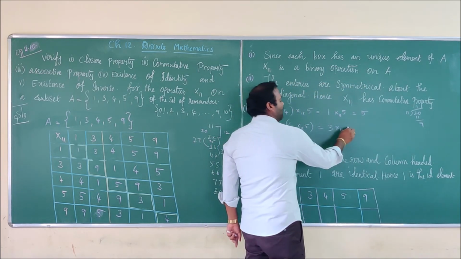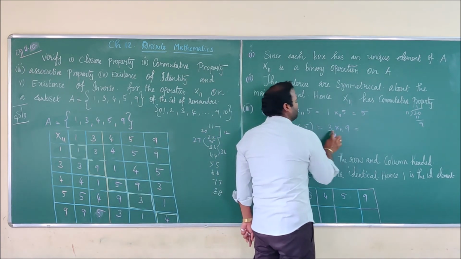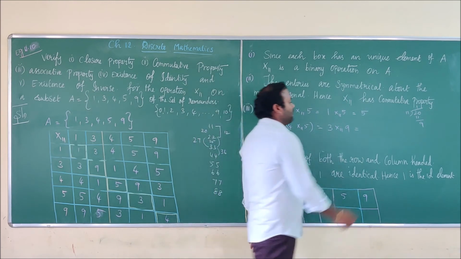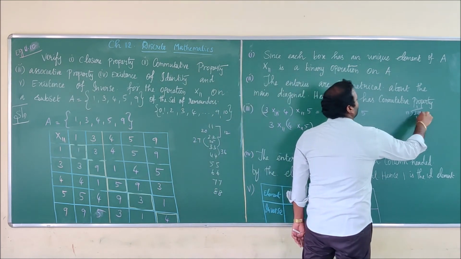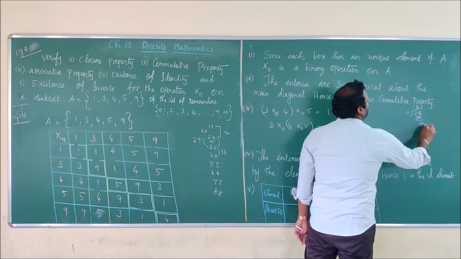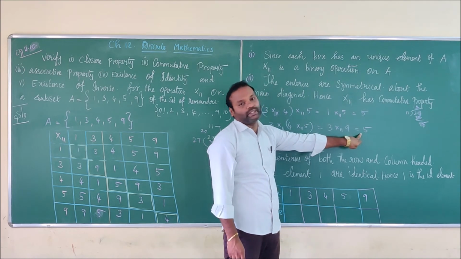So the answer inside the bracket is 9. Again you have to multiply 3 and 9: 3 nines are 27. It is greater than 11. 2 times 11 is 22, so the remainder is 5. Here is also the answer 5.